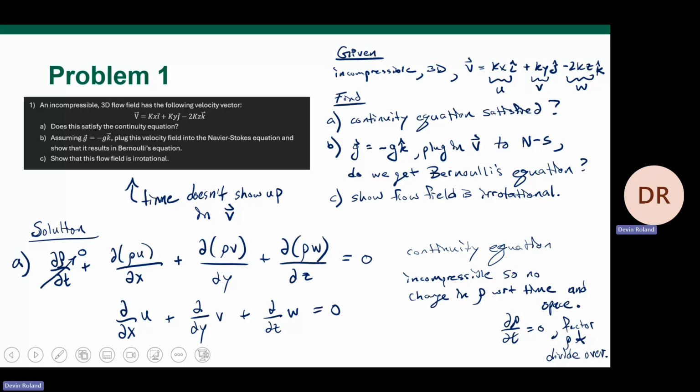I didn't want to just start with the simplified version and have you wondering where that came from.